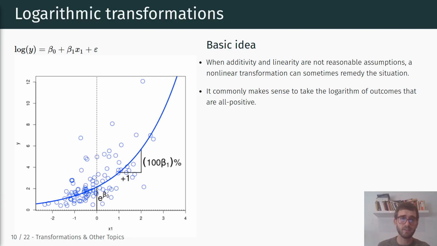So by taking the logarithm and modeling the outcome measure on the logarithmic scale, we're taking into account that on the original scale, we're only making positive predictions. In that sense, it often makes sense to take the logarithm as soon as we're working with outcomes that are all positive, okay?